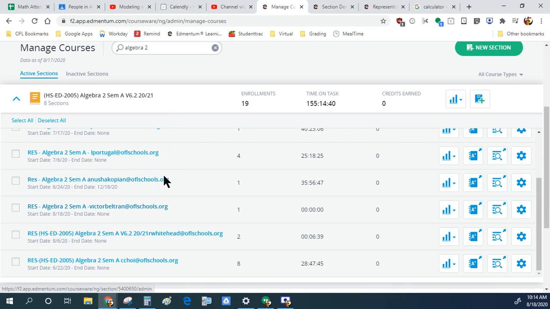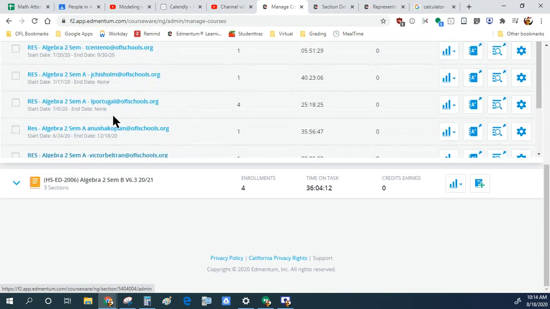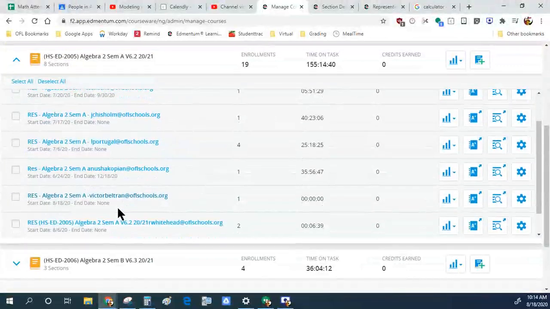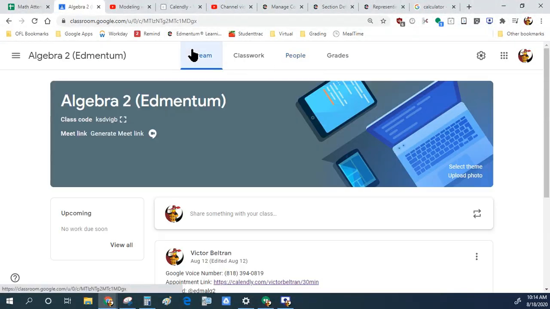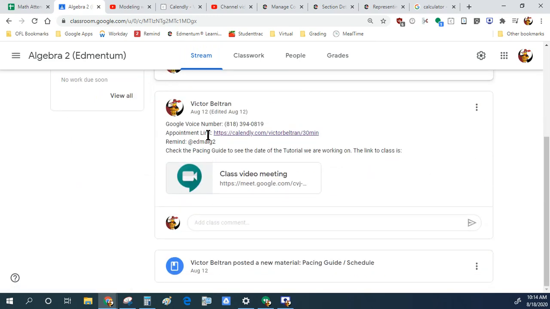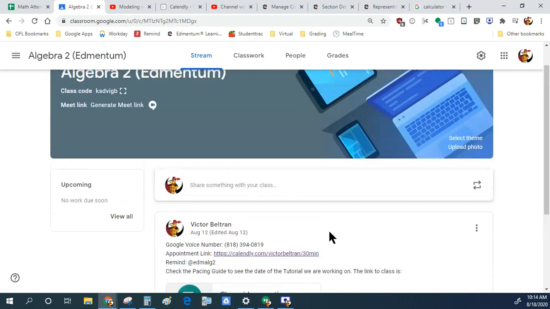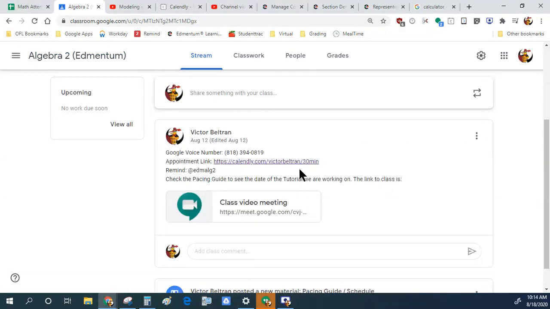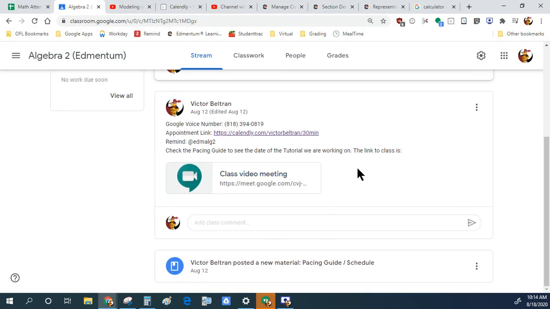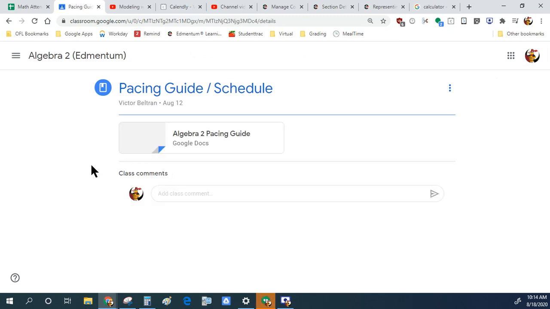So let's get into the section today. It's paced to be one module a day, so every day we're going to try to get through one module. If you need extra help, make sure to make an appointment with me. The pacing guide's right here.